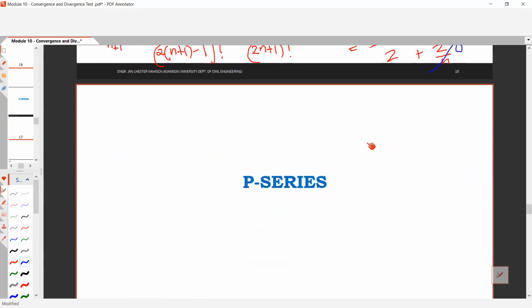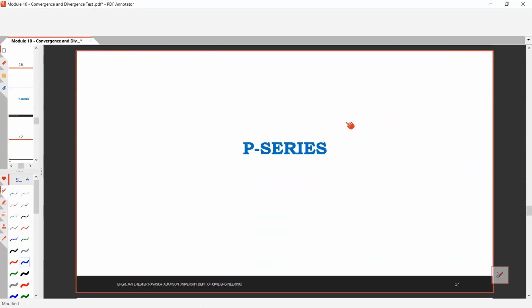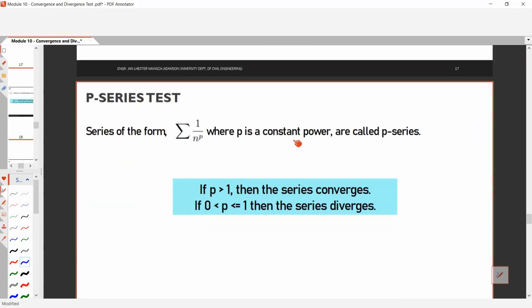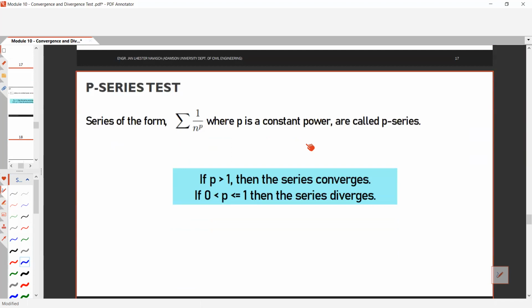Sige. So next natin is using the p-series. Okay, so ano ba yung p-series na 'to? Yung p-series test is a series of the form, let's say kunwari yung series mo or sequence mo is in the form of this one: summation of 1 over n raised to p. So always ganito yung ating form.